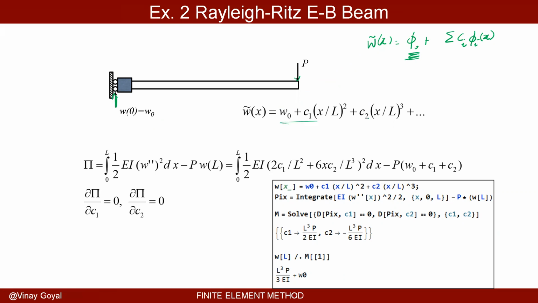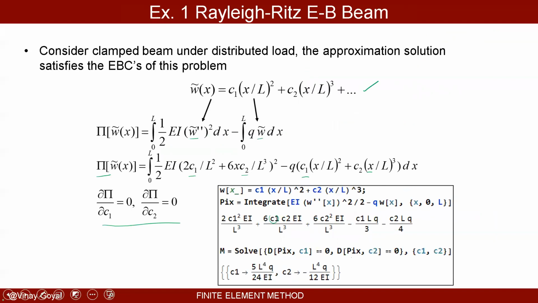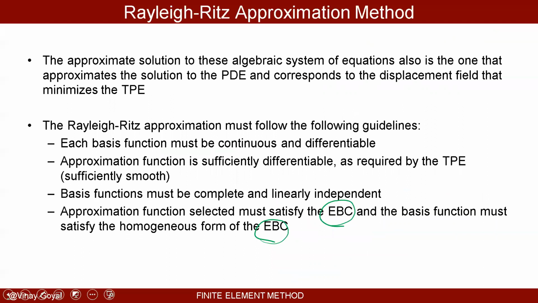And so again, I'll plug that in here and here, and solve it for the situation of a clamped beam under a point load. Notice here that there is the energy stored in the beam, but also a potential energy due to the load applied at that particular location, which is P times W at L. That makes sense.